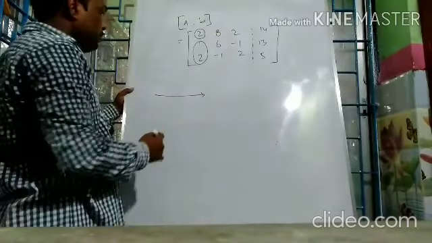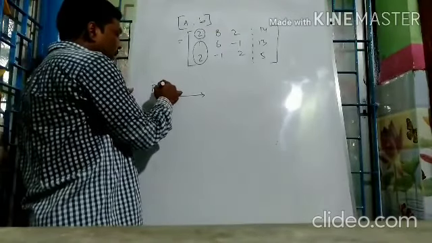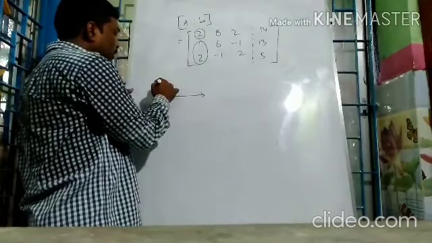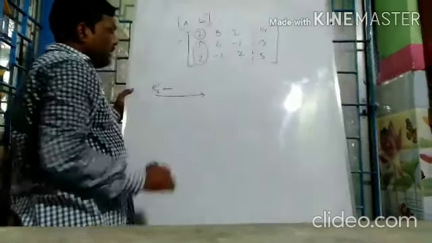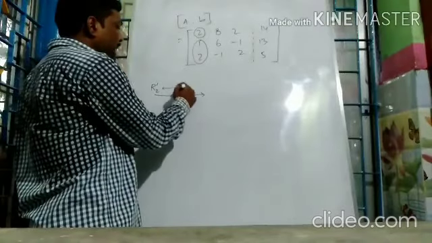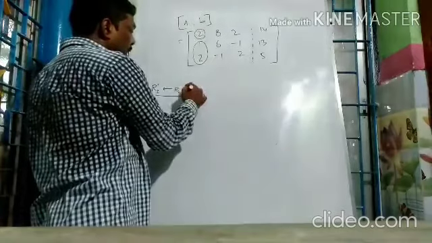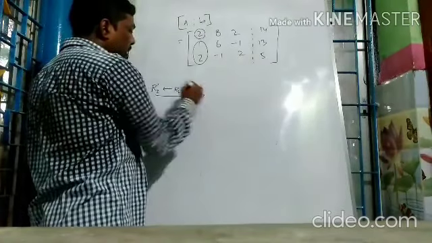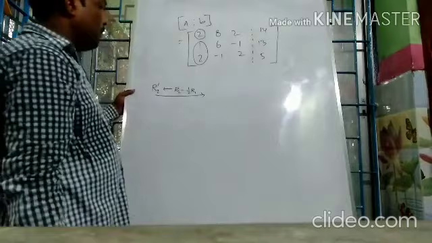So the second row, reduced R2, is R2 minus half R1, that is, divide R1 by 2. Reduced R2 is R2 minus 1 by 2 R1.